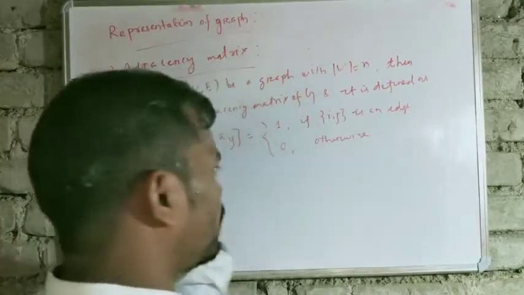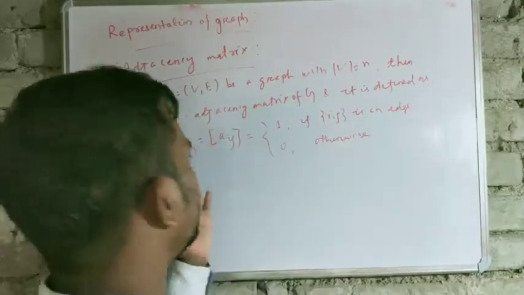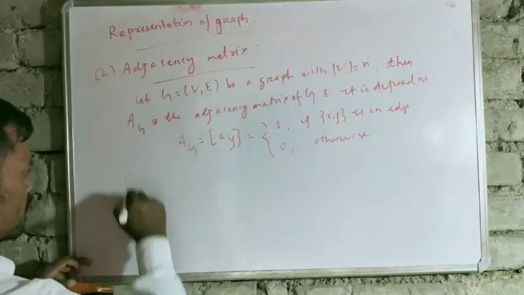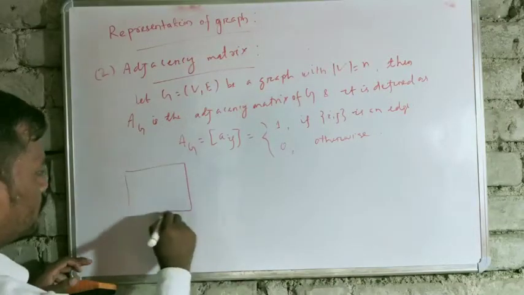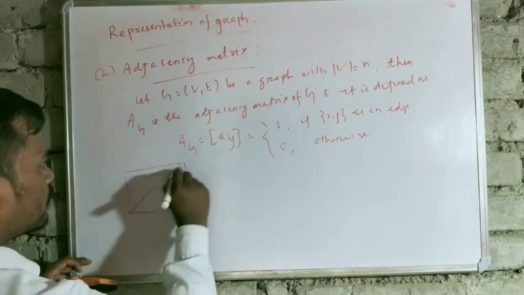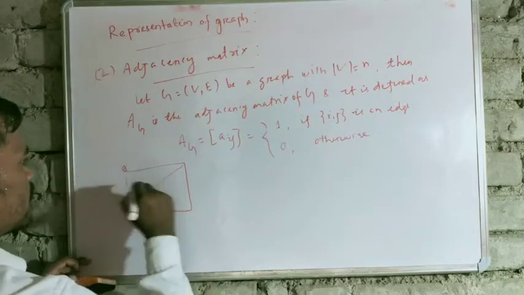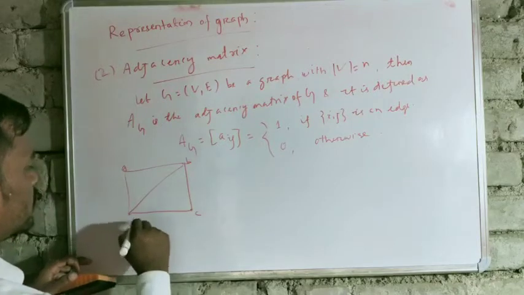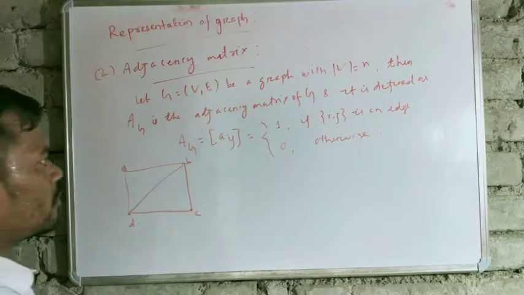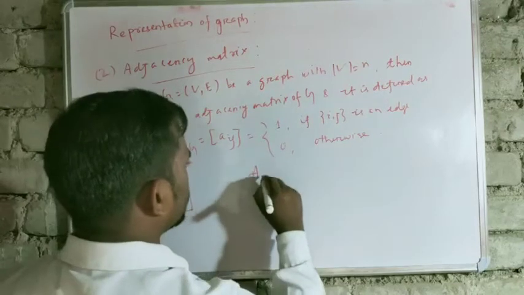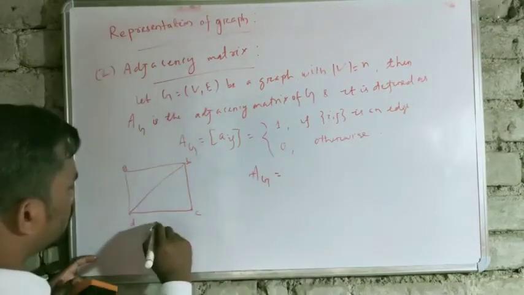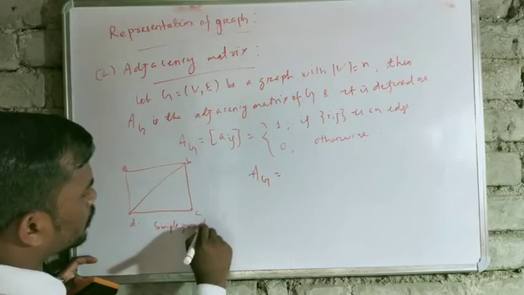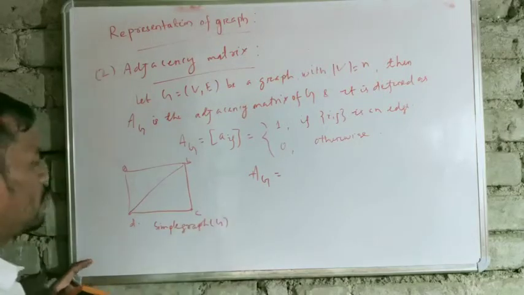So if a simple graph is given, how will we find its adjacency matrix? Suppose this is a simple graph with vertex A, vertex B, vertex C, vertex D. So what will be the adjacency matrix A_G?